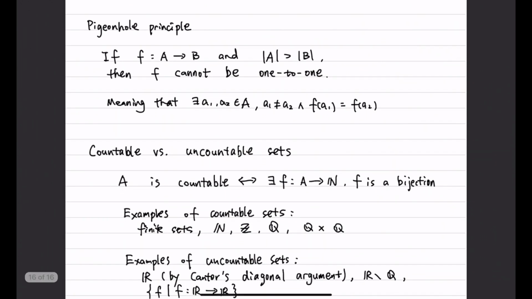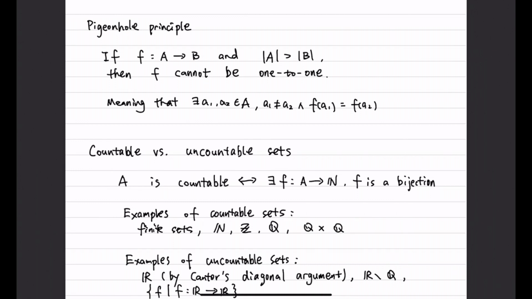The pigeonhole principle relates functions and the cardinality of sets. So if f is a function from the set A to the set B, and the cardinality of A is larger than the cardinality of B, then the pigeonhole principle states that f cannot be one-to-one.